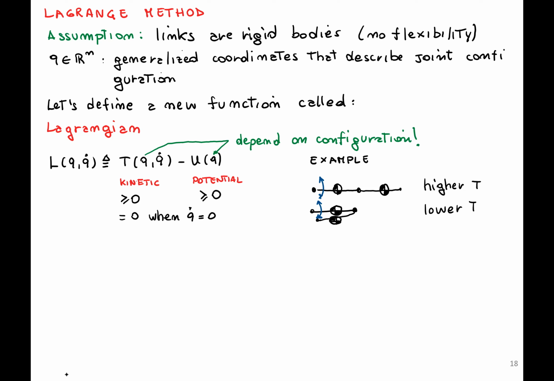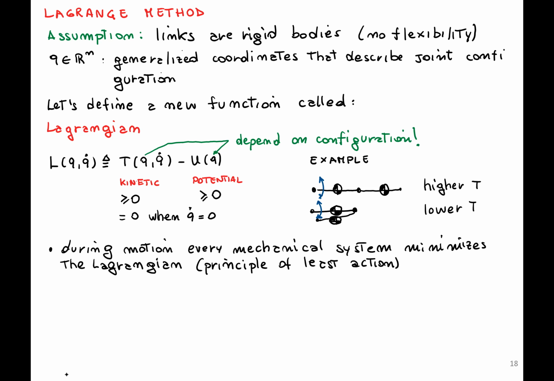So if you have an arm extended, your inertia tensor will be such that, for example, inertia about this axis is higher in the first case and lower in the second case. So you have a different rotational kinetic energy. But then it will end up in a dependency on the Jacobian. We will see that.